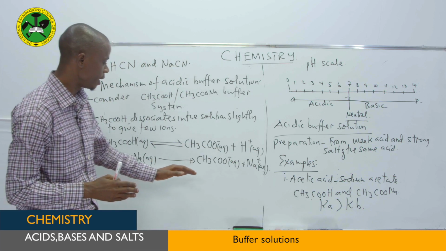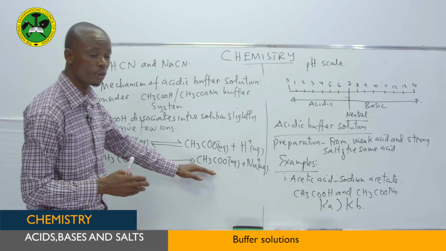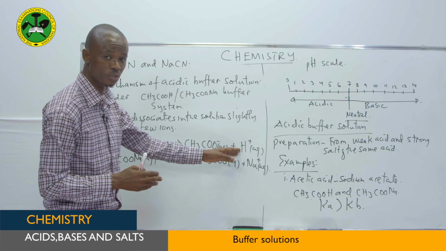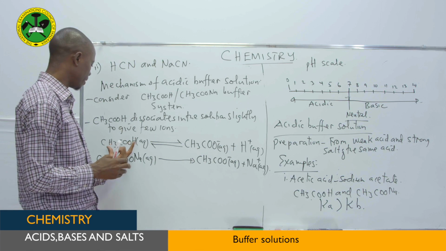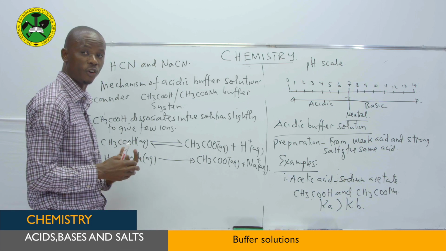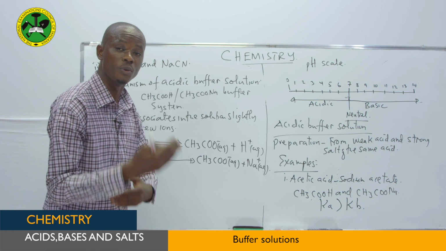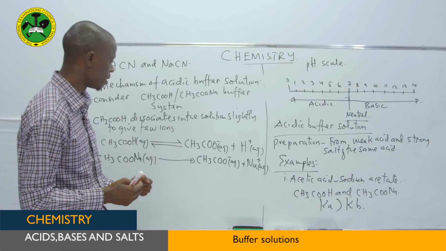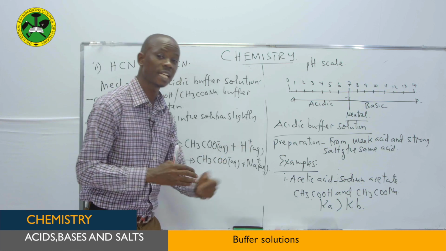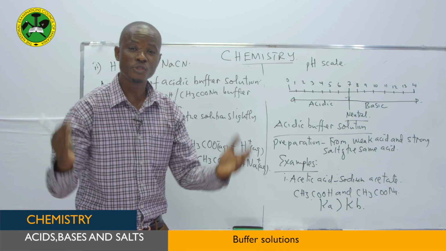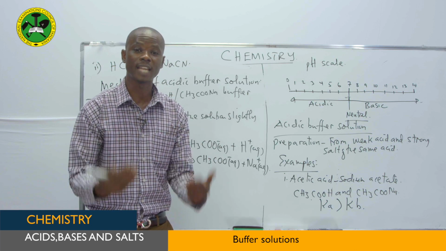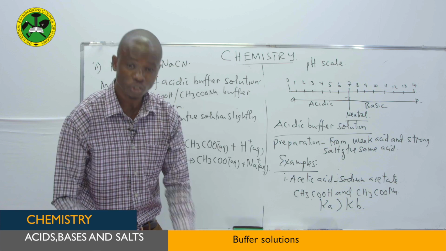So what will happen is that the acetate ions will combine with some hydrogen ions to form back the acetic acid in order to establish a new equilibrium. Now, if that happens, the few hydrogen ions that will remain after a new equilibrium is established are the ones that will determine the pH of the solution.